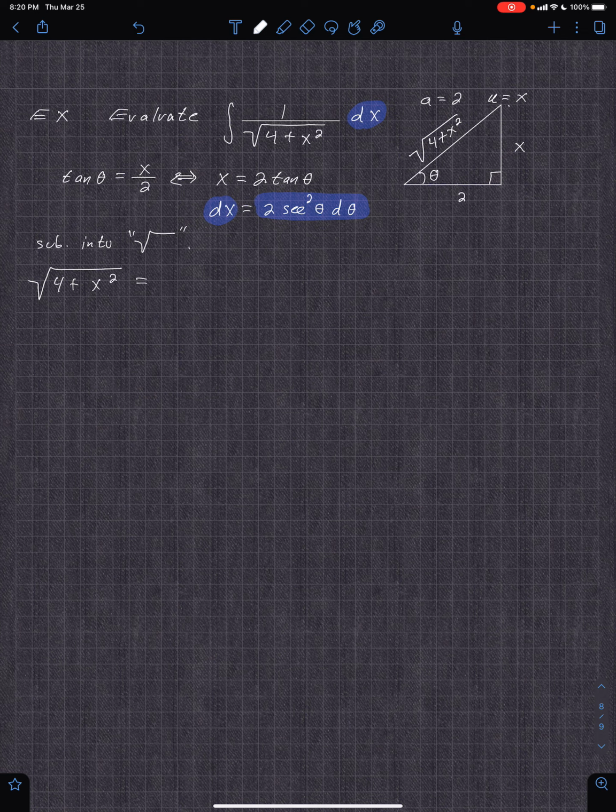And so now we have that our x squared is 4 tan squared, and then we'll do our trig identities. This is a good place to pause and work this out on your own. You get 4 plus 4 tan squared theta.